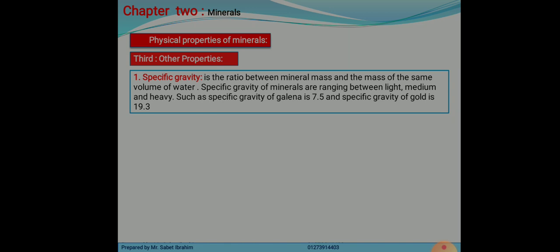The specific gravity of minerals ranges between light, medium, and heavy, such as the specific gravity of galena, which is 7.5, and that of gold, which is 19.3. So we should remember the numbers: galena 7.5 and gold 19.3.